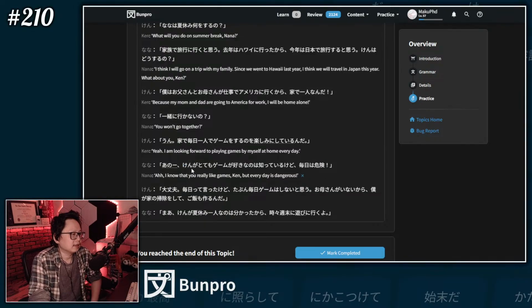But yeah, this one, so regarding Ken. And then this says very like games, the no, this is the noun, and then the games, the ones that I like a lot, and then kedo is but, the reason being that every day is dangerous. Did you know? I'm saying it as, I know that you really like games.